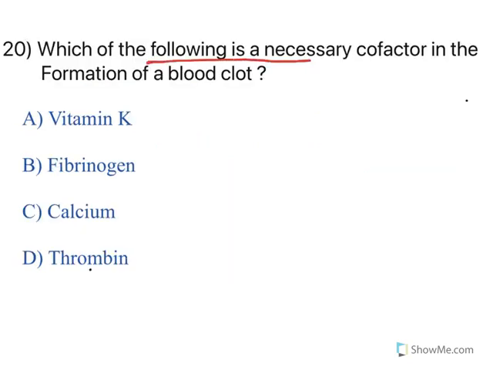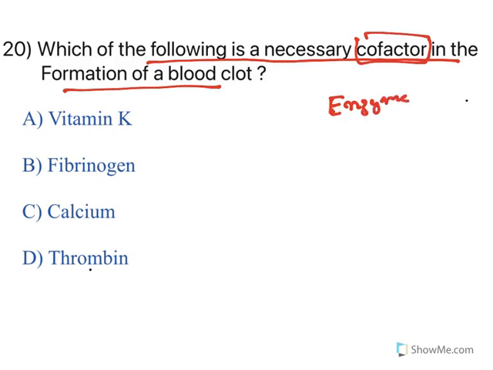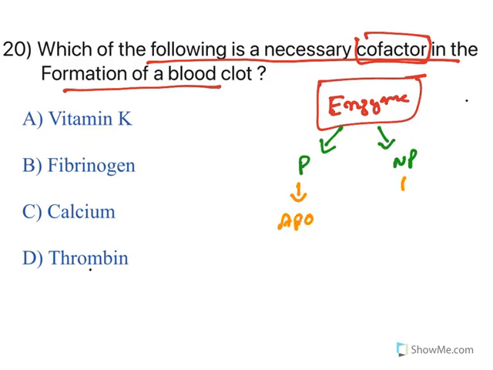Now, which of the following is a necessary cofactor in the formation of a blood clot? We need to understand what a cofactor is. See, enzymes like holoenzymes have a lot of components. Enzymes have a protein part and a non-protein part. The protein part is known as apoenzyme, whereas the non-protein part is known as the prosthetic group. In that prosthetic group, again you have organic groups and inorganic groups.